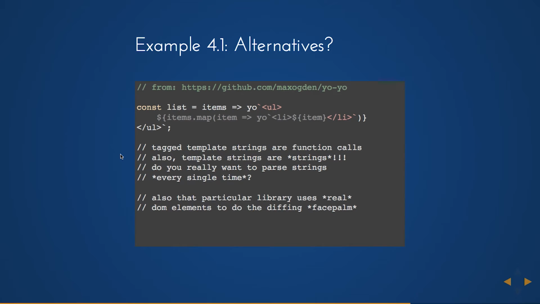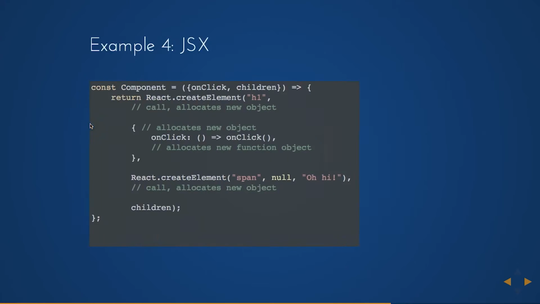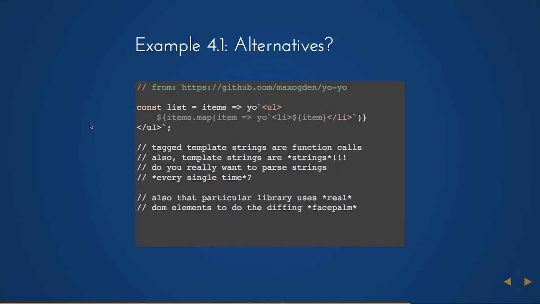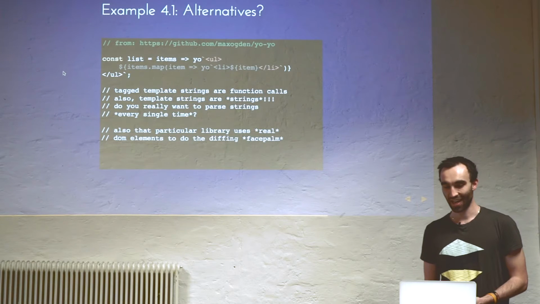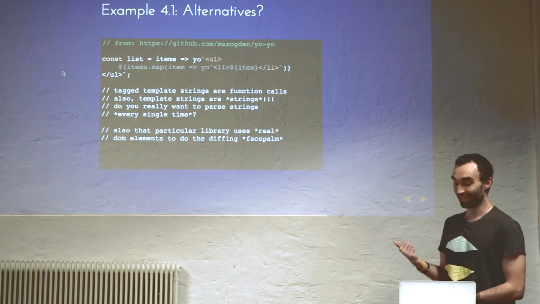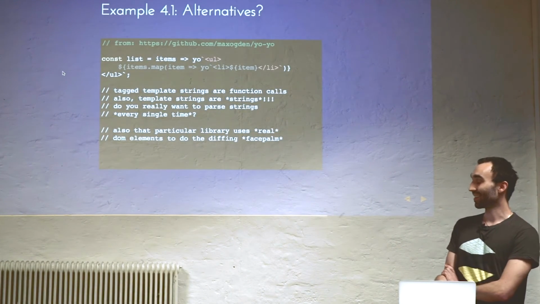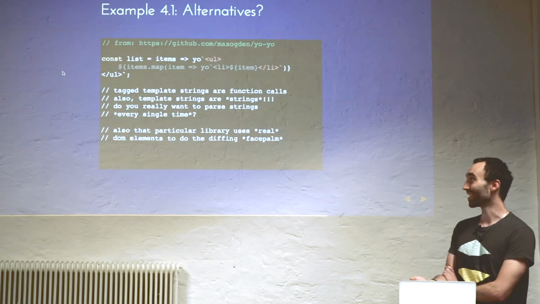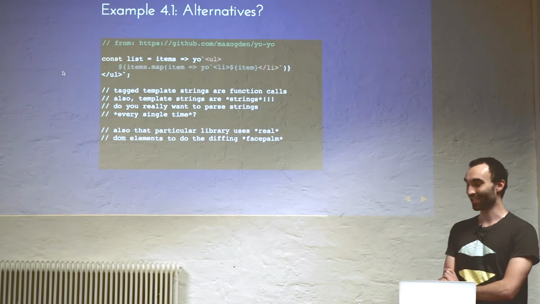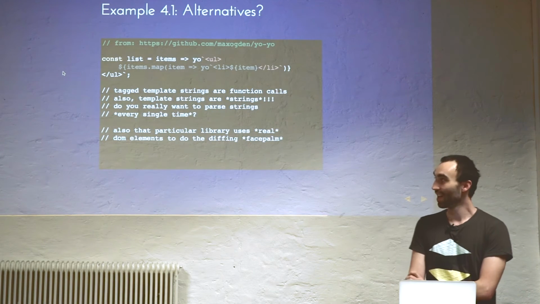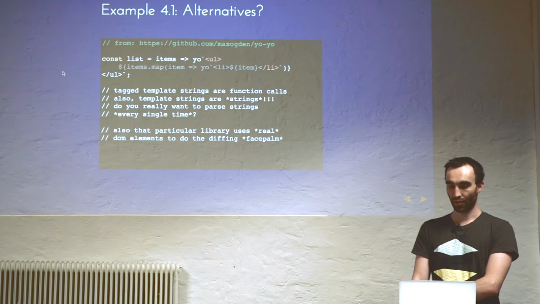So you actually have to parse these HTML fragments at runtime every single time you're re-rendering. So it's not like in React where it's a simple function call; from this example, you should be able to see that it needs to do string parsing at runtime every single time. And also digging deeper into this particular library, the DOM diffing itself is done using actual DOM elements and JavaScript objects, which is another facepalm. But I don't want to criticize too much.